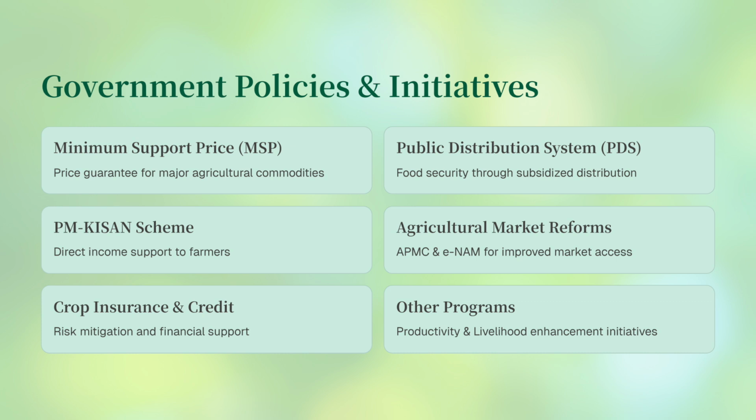Lastly, programs like Paramparagat Krishi Vikas Yojana for organic farming, Pradhan Mantri Krishi Sinchai Yojana for efficient irrigation, and National Mission for Sustainable Agriculture for climate resilience exemplify the government's holistic support strategy.